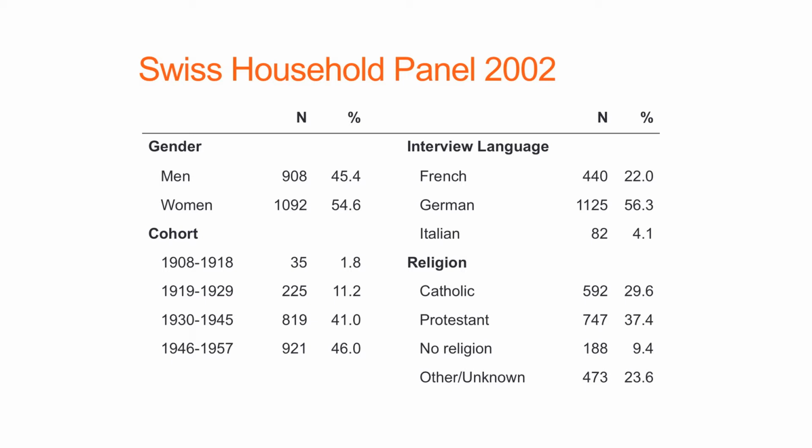There were 3 different interview languages that were used in the survey, and 4 different groups of religion: Catholic, Protestant, no religion, and everybody else. So it included a few Muslim, a few Jewish, and a few others.